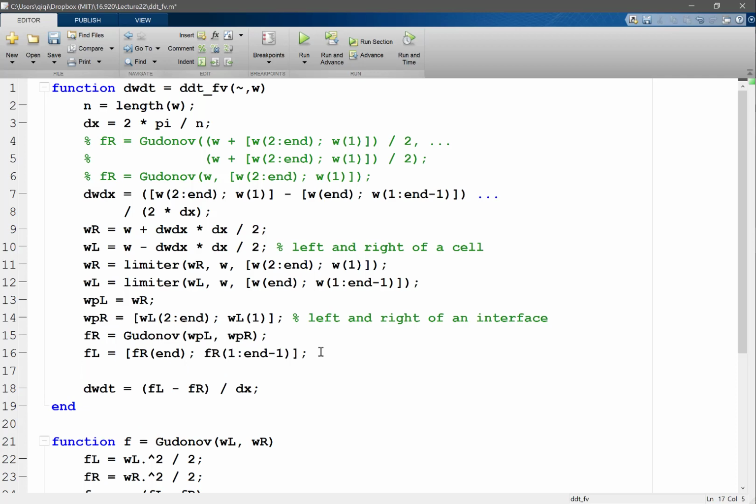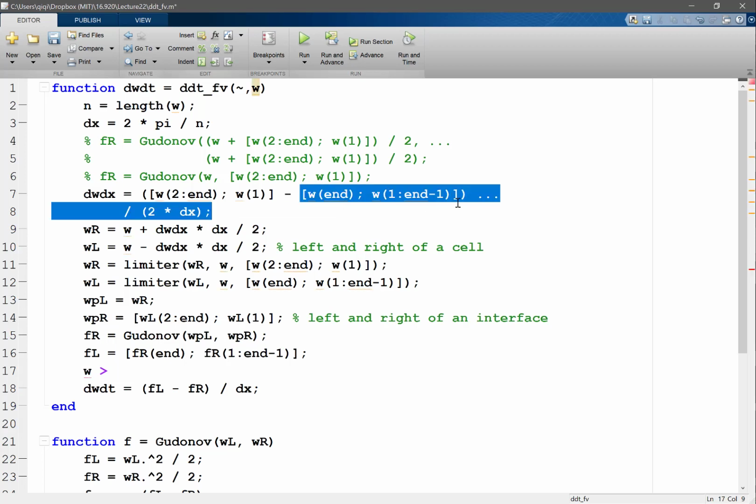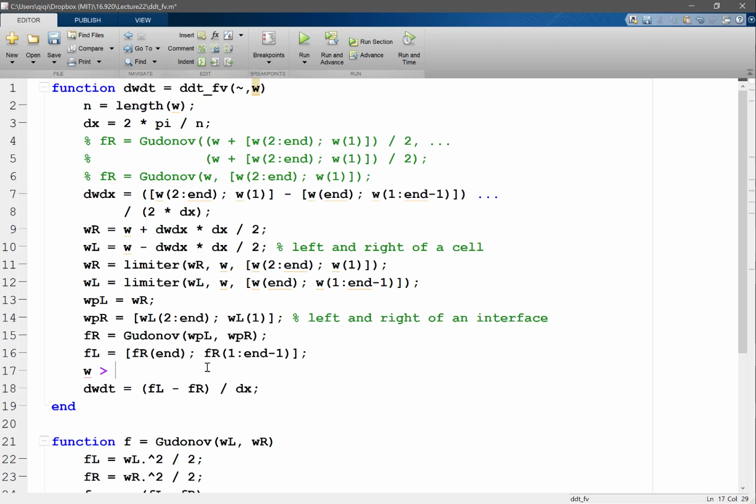I'm going to identify the cells which are already a local maximum, which is saying my solution W is greater than the previous cell solution. If my W is greater than the cell on the left, that's one of the conditions, and another condition is W is also greater than the cell on the right, which is this array over here. So this is AND, right?